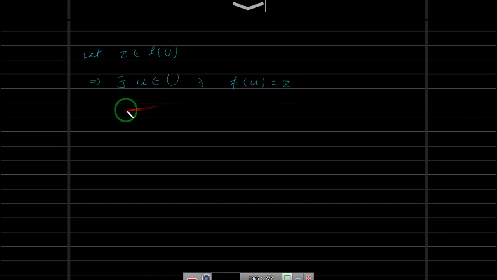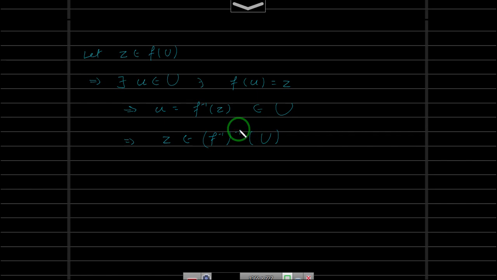So this implies this u will be equal to the inverse image of z, and u belongs to U implies this belongs to U, and altogether this implies z belongs to the inverse image of U under the function f inverse.